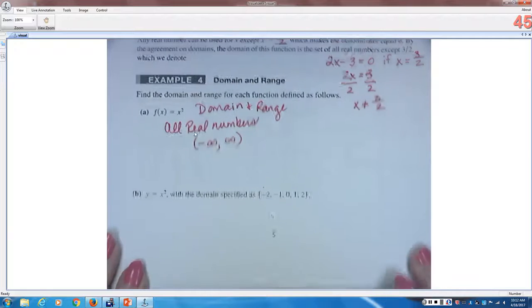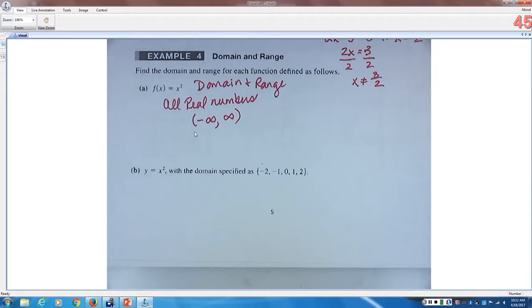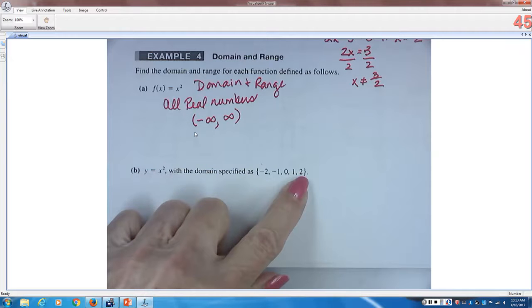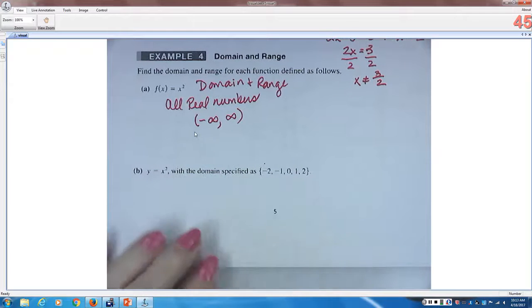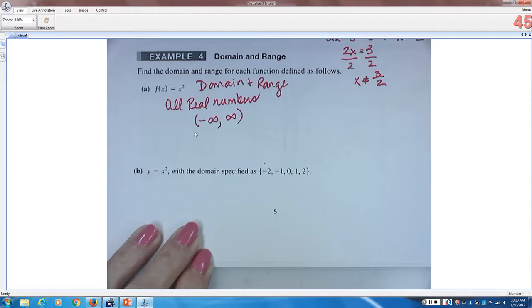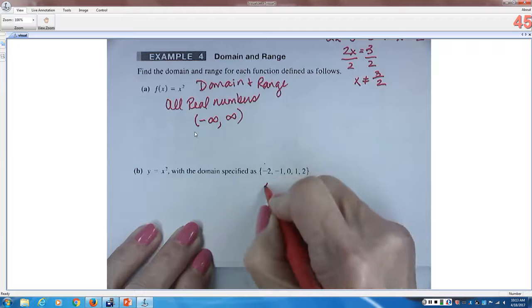Now if I change that around a little bit and I say y equals x squared, but the domain is specified as -2, -1, 0, 1, and 2. Okay, this is the whole domain. It is these individual numbers. And if I put in -2 and square it, I'm going to get 4.